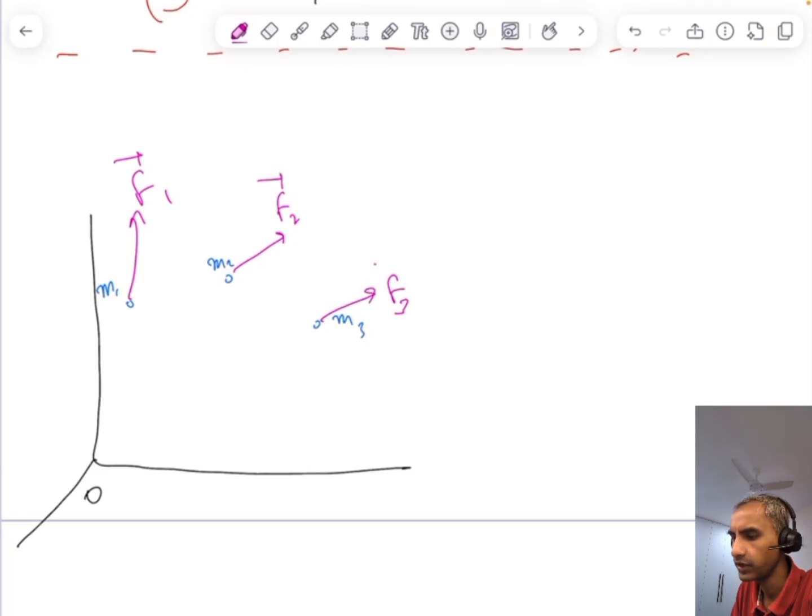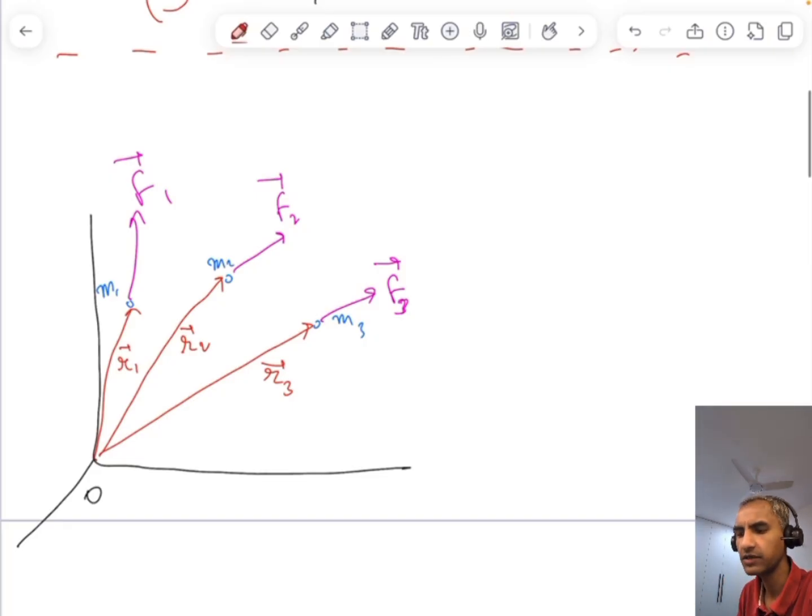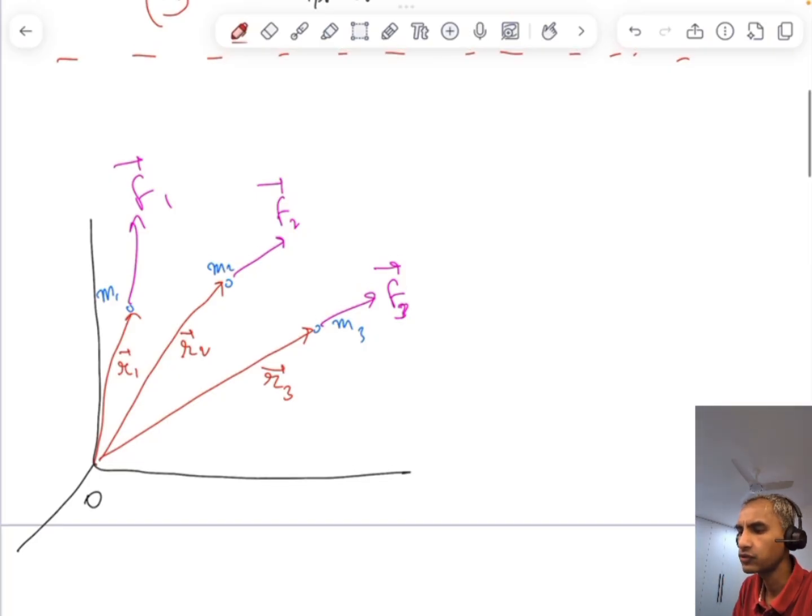These are all arbitrary. Let's define the position vectors of these particles: we have R1 vector, R2 vector, R3 vector. Of course, this is n particles, but we are just representing it by 3 particles. The net force over here is simply F1 vector plus F2 vector plus F3 vector.